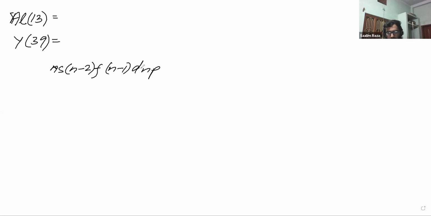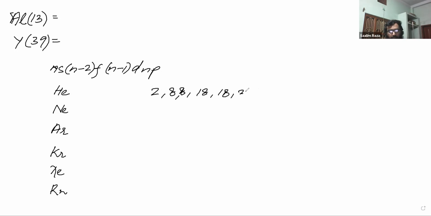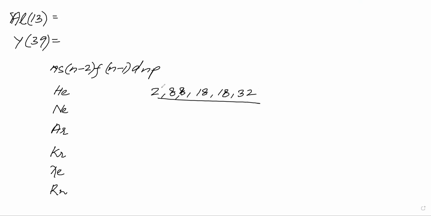And if you're writing the condensed electronic configuration, then you have to remember this sequence: helium, neon, argon, krypton, xenon and radon. The sequence that you have to remember is 2, 8, 8, 18, 18 and 32, right?